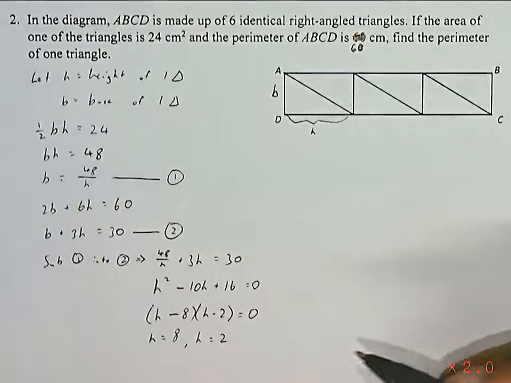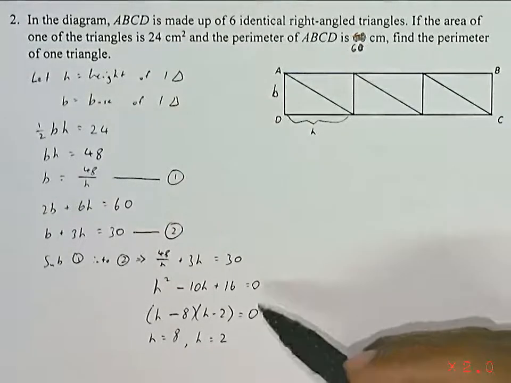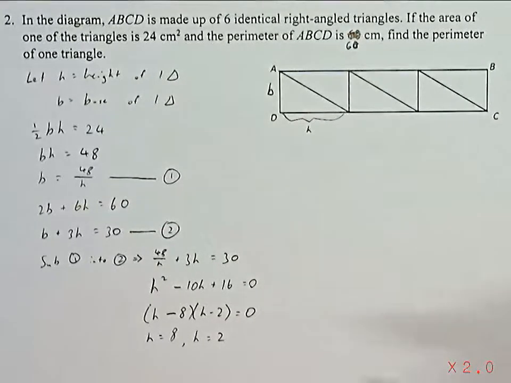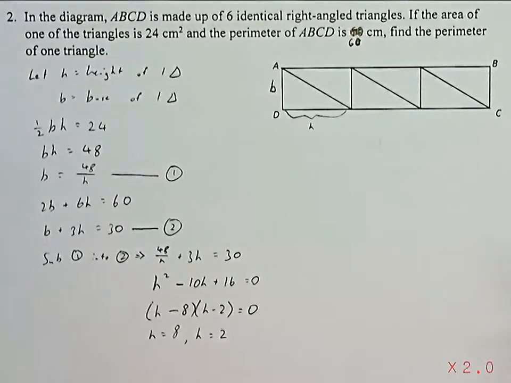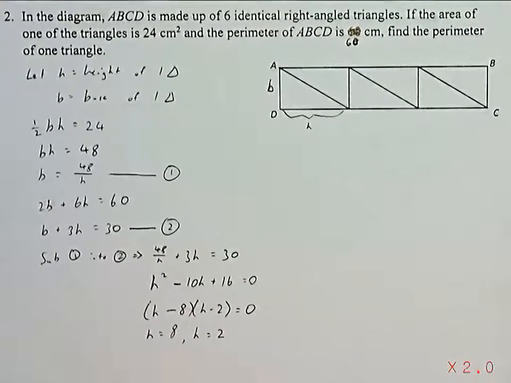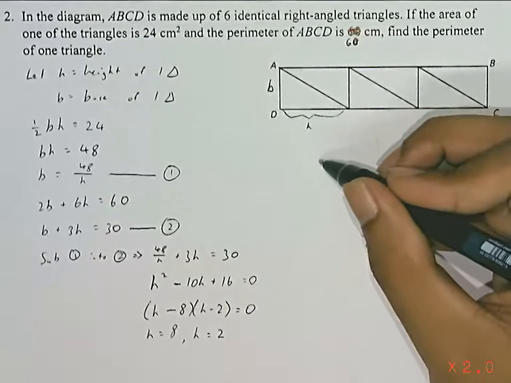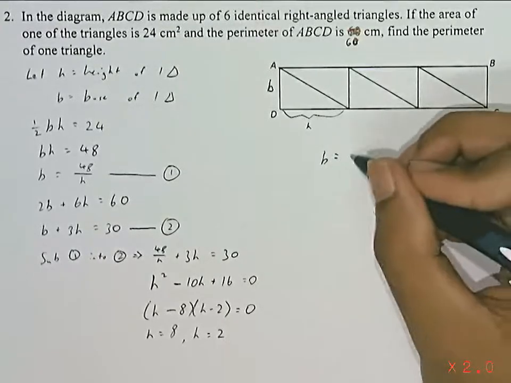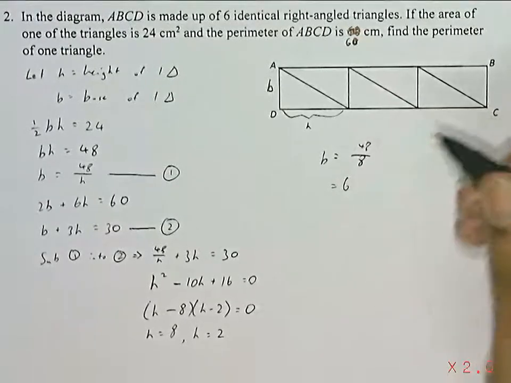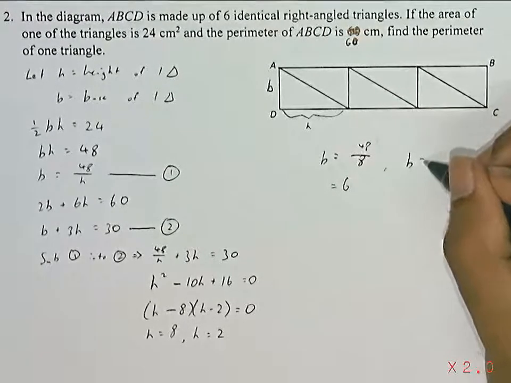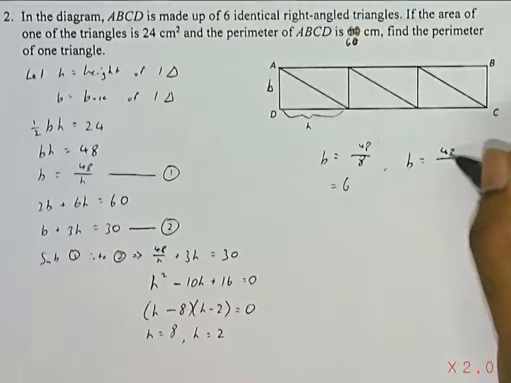So we just have to continue solving for b using both of the answers that we have come up with. So now we sub this back into equation 1. We will get b is equal to 48 over 8, which is 6, and b is equal to 48 over 2, which is 24.